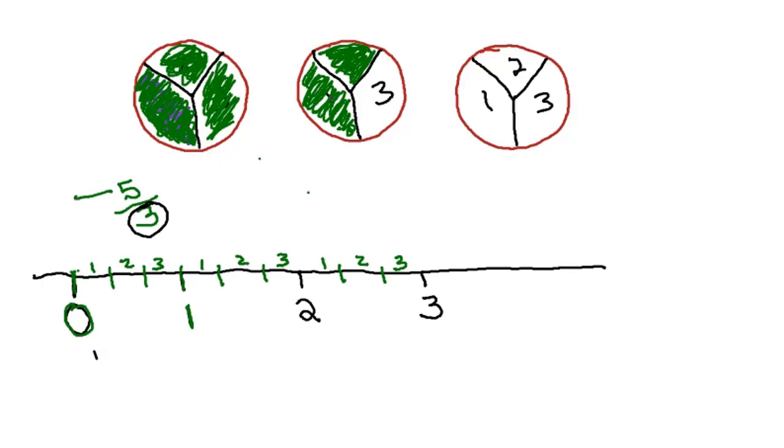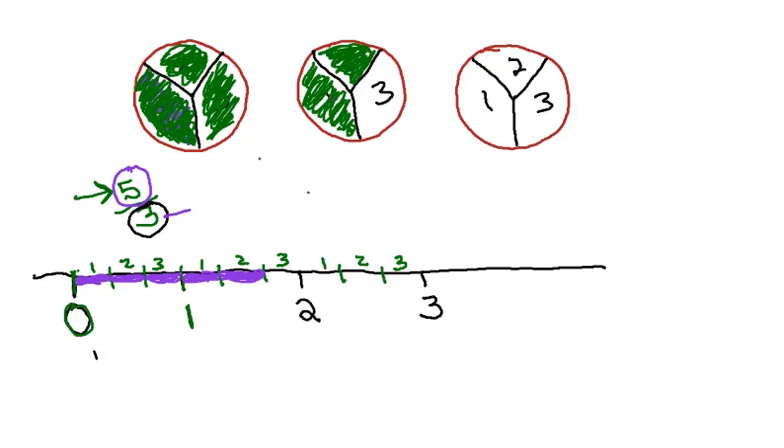Now if we want 5/3, then we're just going to take those little thirds that we've divided the numbers into, and we're going to color in 5 of them. So here's 1, 2, 3, 4, 5. So that's 5 pieces, and each whole piece is divided into three pieces.